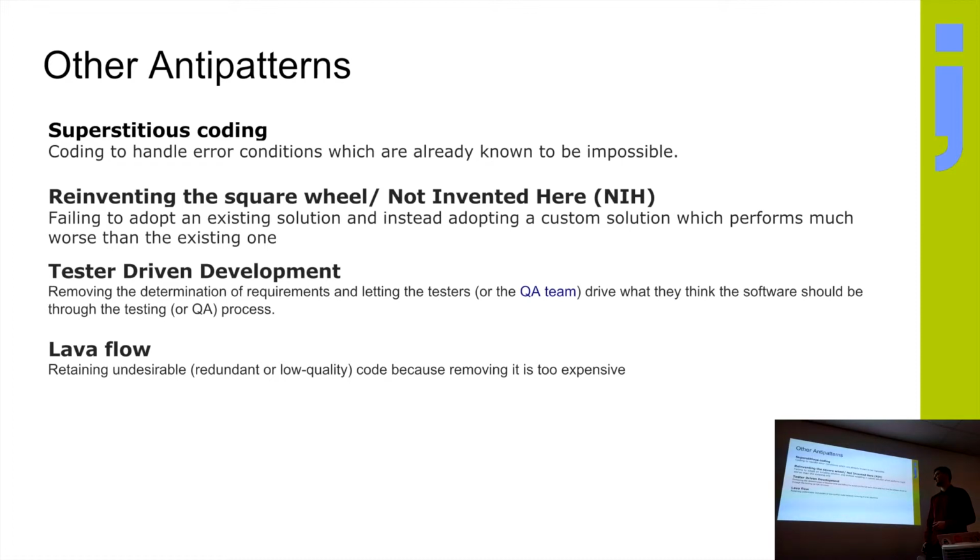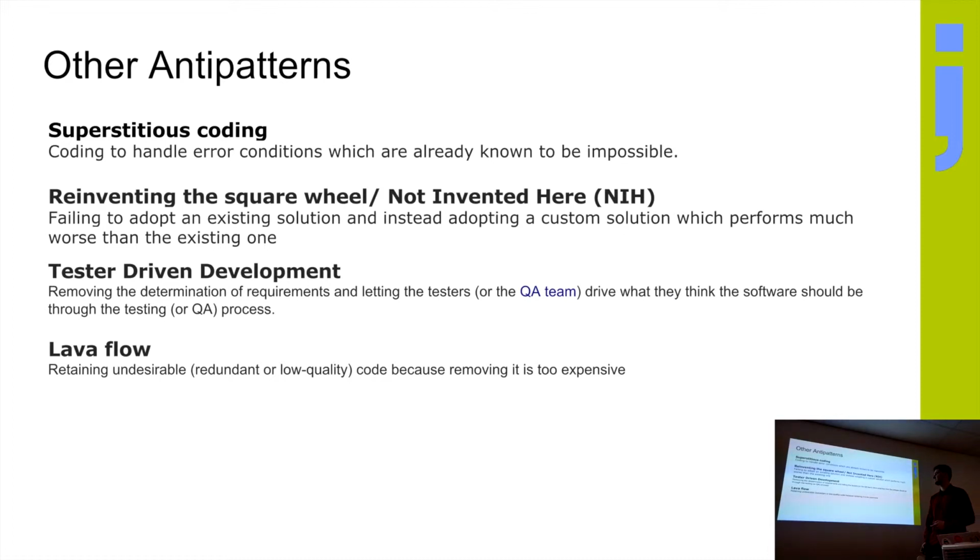Reinventing the square wheel: I hit that problem a couple of companies before this one, where they wrote big systems for themselves, and sometimes they ended up with the technology being obsolete, and that's a huge problem. So if there are open source libraries that work, maybe it's good to use them.